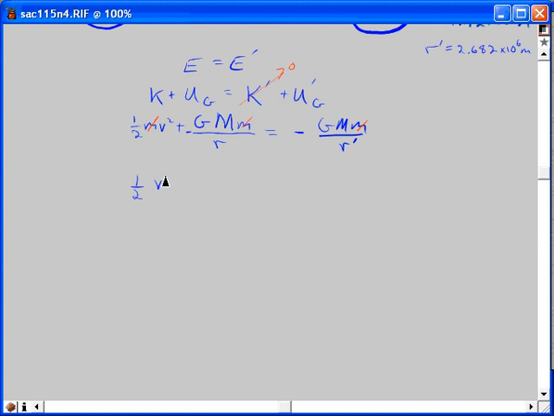So I got 1/2 mv squared. I'm going to add GM over r to both sides. On this side I get a 0, and on the other side I'll just have to copy it down. G capital M over r minus G capital M over r prime. I think I'll factor this G capital M out, on the right. It occurs in both terms on the right, so I got 1 over r minus 1 over r prime.